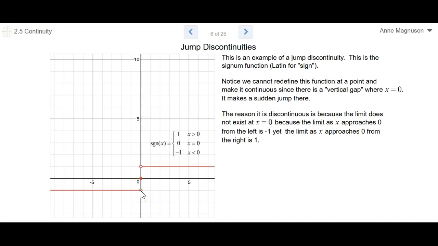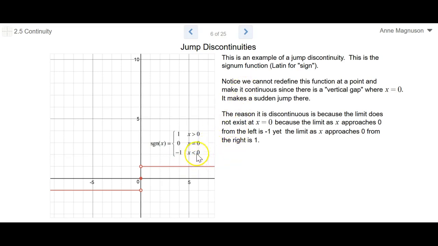And even though it's defined at x equals 0, it's not equal to either one of these pieces, notice. I can't redefine any one of these points and make it continuous. I still have these 2 separate branches. So this is called a jump discontinuity, but you can't remove it.